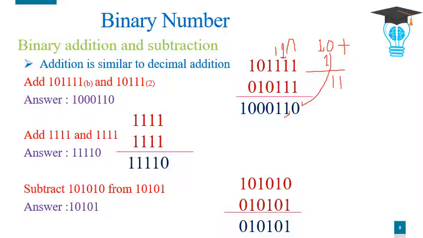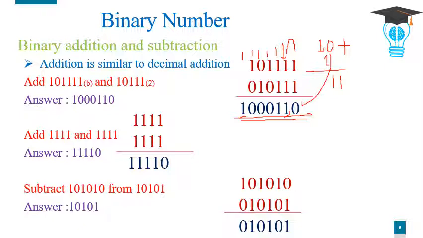1 plus 1 plus 1 is 1 again with the carry 1. 1 plus 1 is 0 with carry 1. 1 plus 1 is 0 with carry 1. 1 plus 1 is 0 with carry 1. This is the final carry, and I'm getting this answer. Now take a second example. 1 plus 1 is 10.